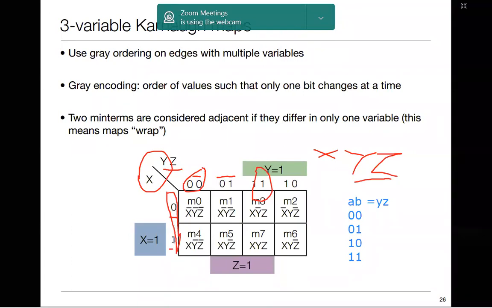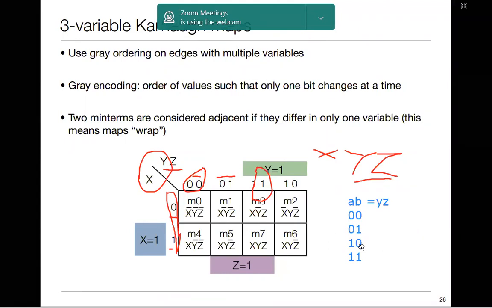There is a 1 bit change from 0 to 1. Now if I see the horizontal axis, 0, 0, 0, 1, there is only 1 bit change. If I write 1, 0, from 0, 0 to 1, 0, 0 is changing to 1, 0 is changing to 0. There will be a 2 bit change.